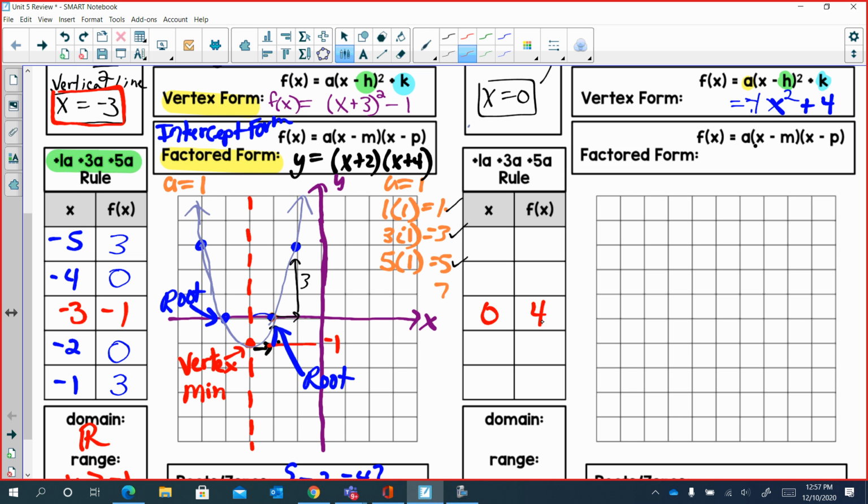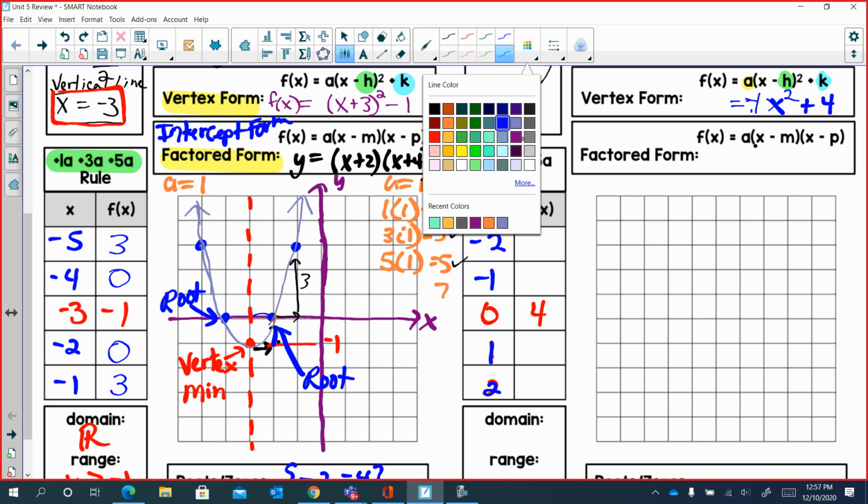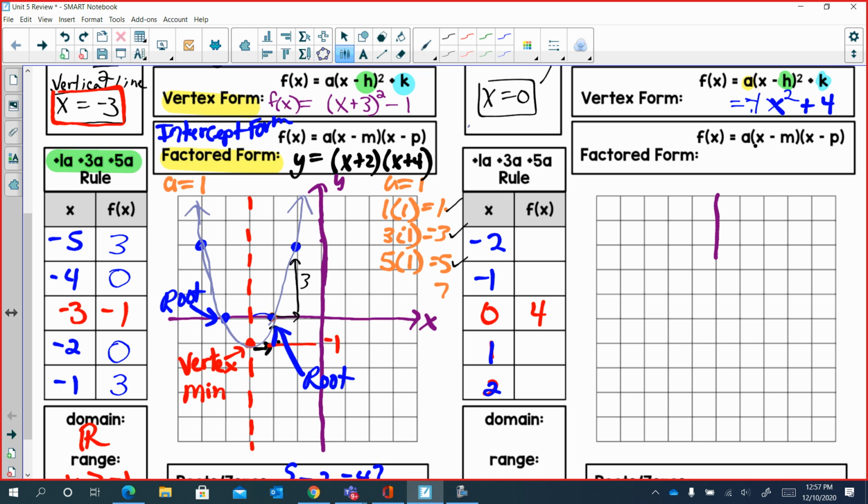Okay. Then we're just gonna increase our table. So it goes 1, 2, and then -1, -2. We need to create our axes. So I'm going to go down the middle here.